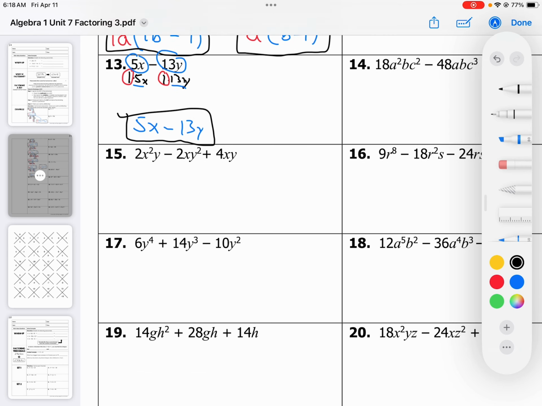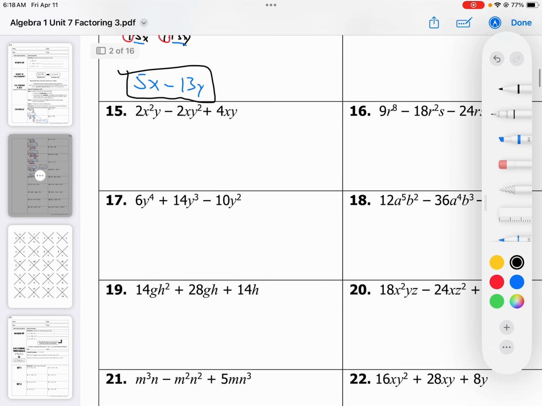Okay, we're getting towards the end of the notes. Number 15, we have 3 terms here. So we have to make sure that whatever is in common is common for all 3 of them. So this 2x squared y, 2 would be 1 times 2, and then the x squared would be x times x, and then we have that y.